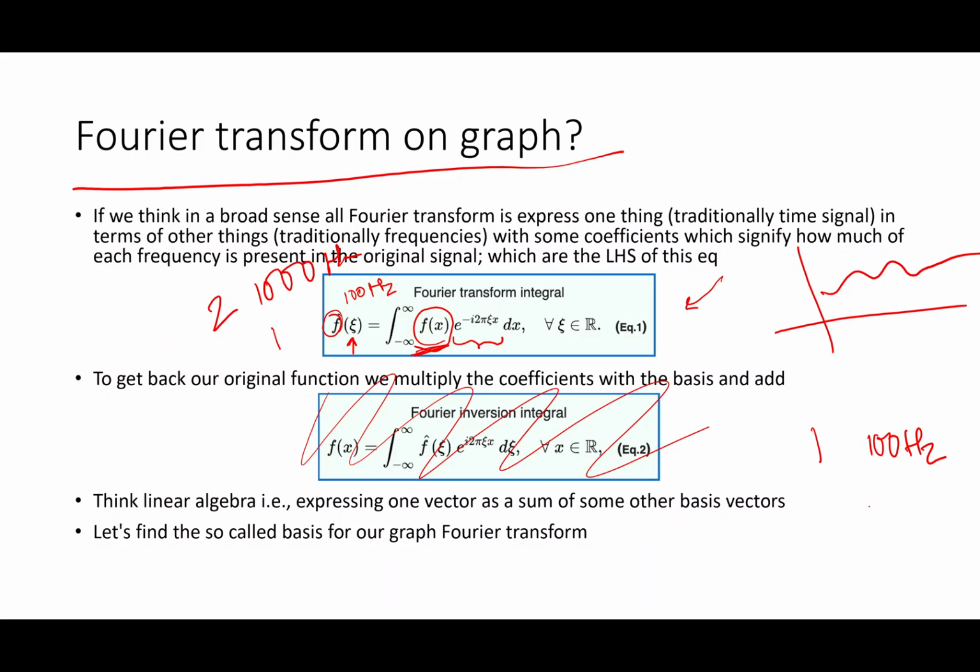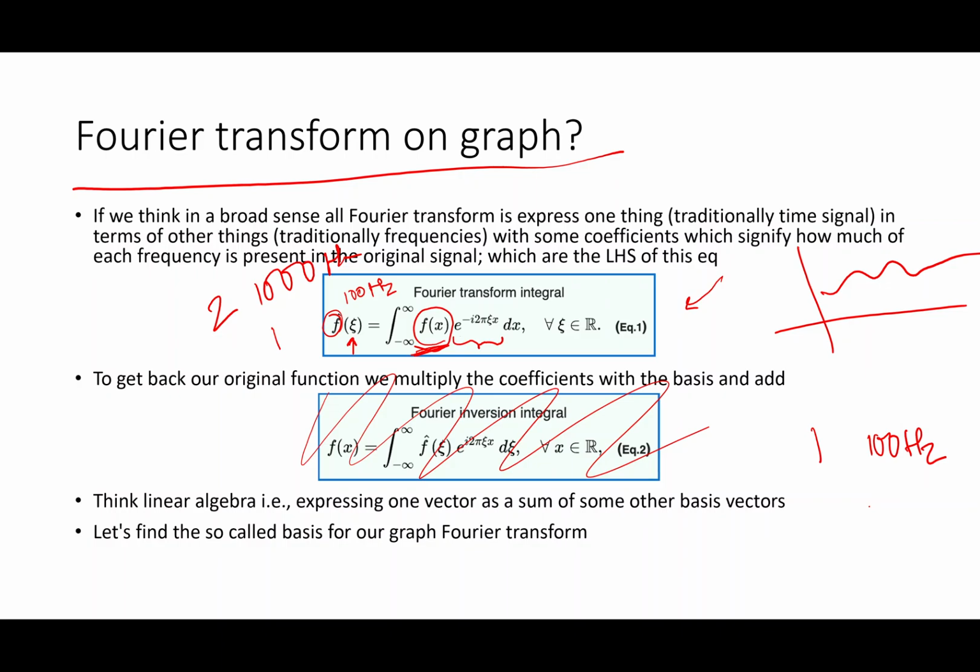We have our coefficients, which I very naively called 1 and 2, but these are the coefficients we are going to multiply with our frequencies, and then we are going to integrate over all frequencies in the hope to get our original signal back. So if we go a level higher and just think linear algebra, what is happening here is this: we are representing f of x in terms of some other basis vector.